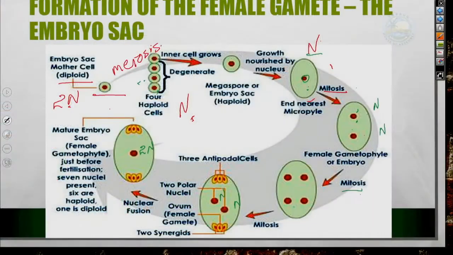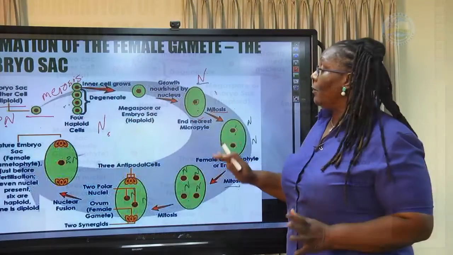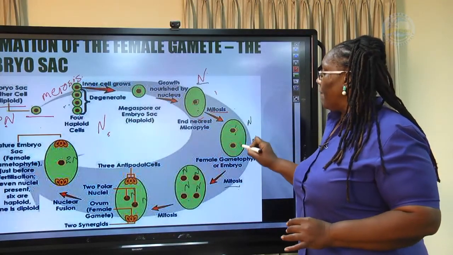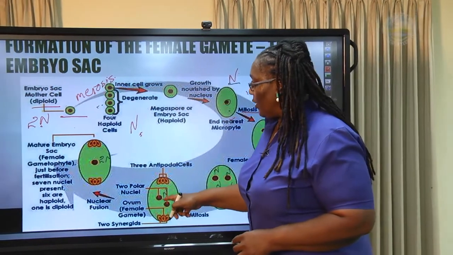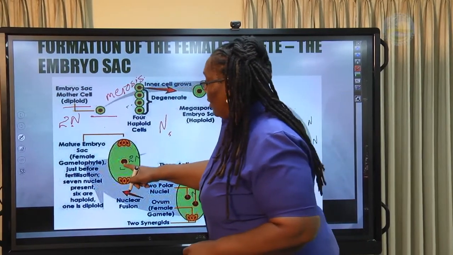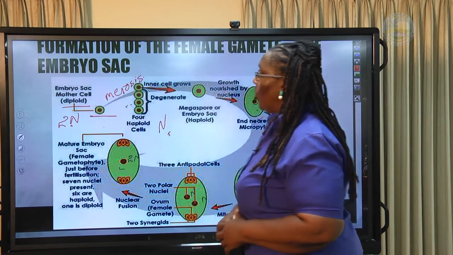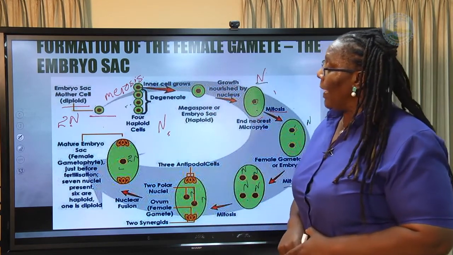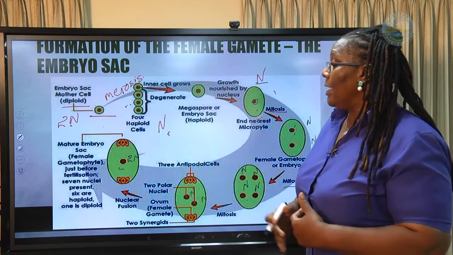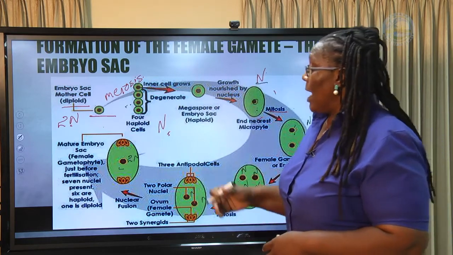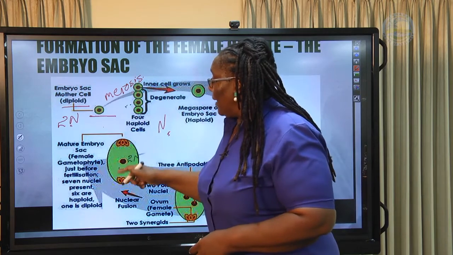Remember, each nucleus is n. These 4 are all n. So if n was 15, each nucleus would have 15 chromosomes. What happens now when the two merge here, this nucleus is called the polar nucleus, that now has 2n. If it was 15 we were looking at, then that will be 30. And all these other cells would be n.